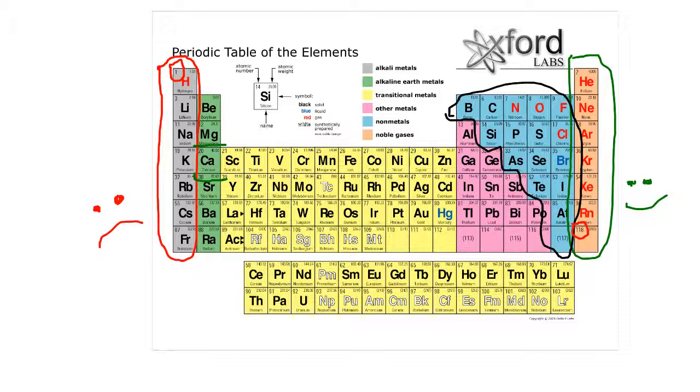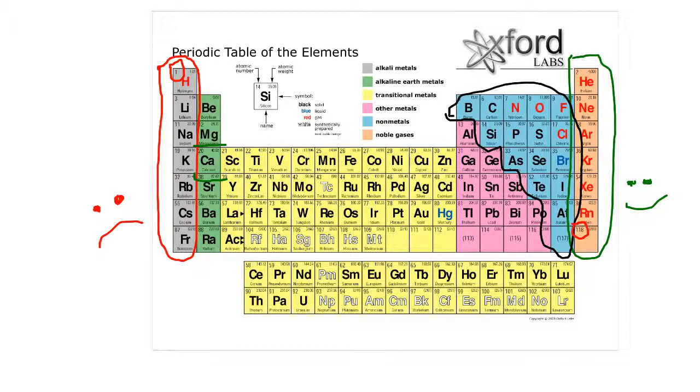You also notice that as you move across with the atomic number, the atomic mass also increases. So hydrogen's atomic mass is a little tiny. It's only 1.01. Helium's atomic mass is 4.003. Lithium's is 6.94. So on and so forth. As you move across and the atomic number gets bigger, the atomic mass also gets bigger.